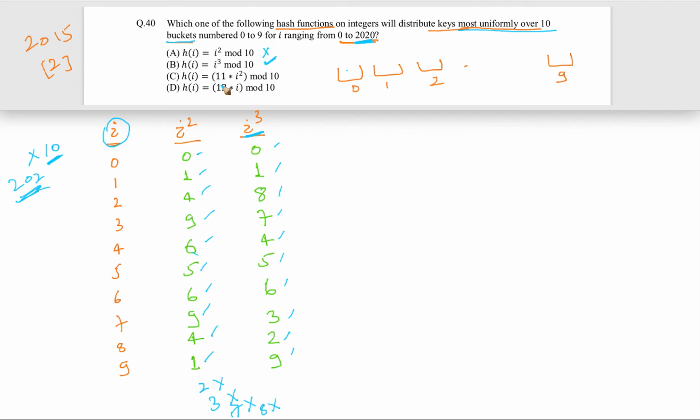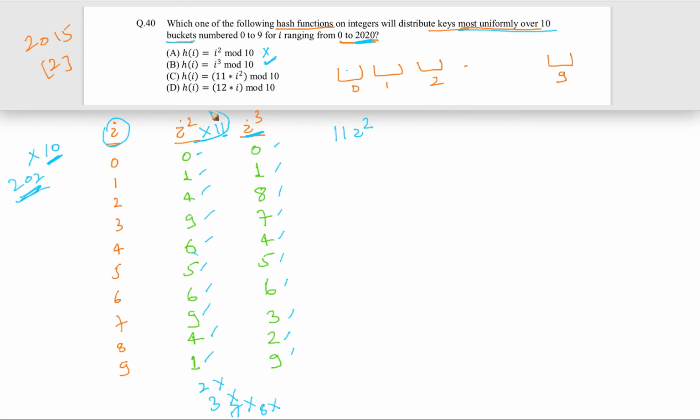What about 11 I square? When you think about it, 11 I square means you multiply by 11, so 0 into 11, 1 into 11, and the unit digit is again 1.